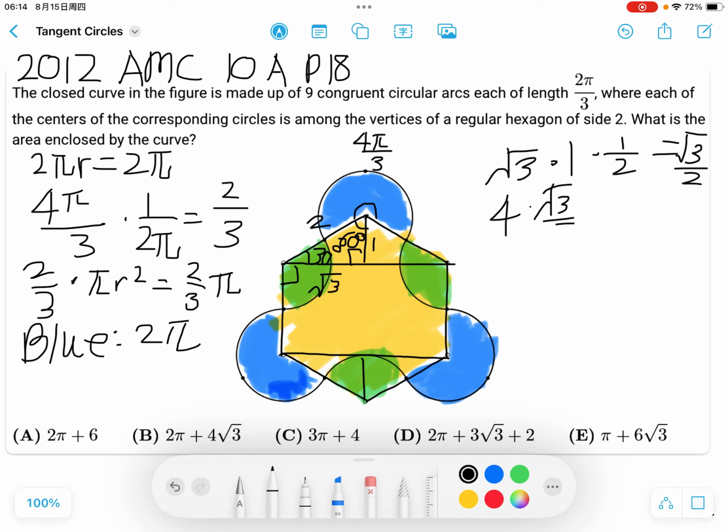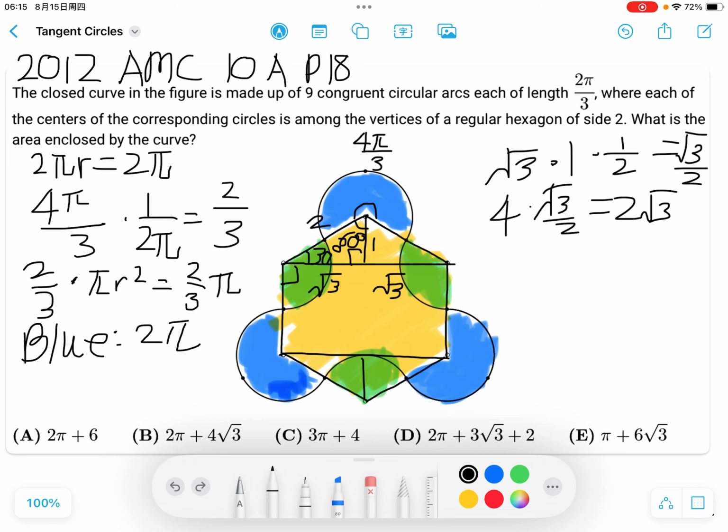And then we already have the length of this rectangle, because it's just 2 root 3. But we want the width of this rectangle.